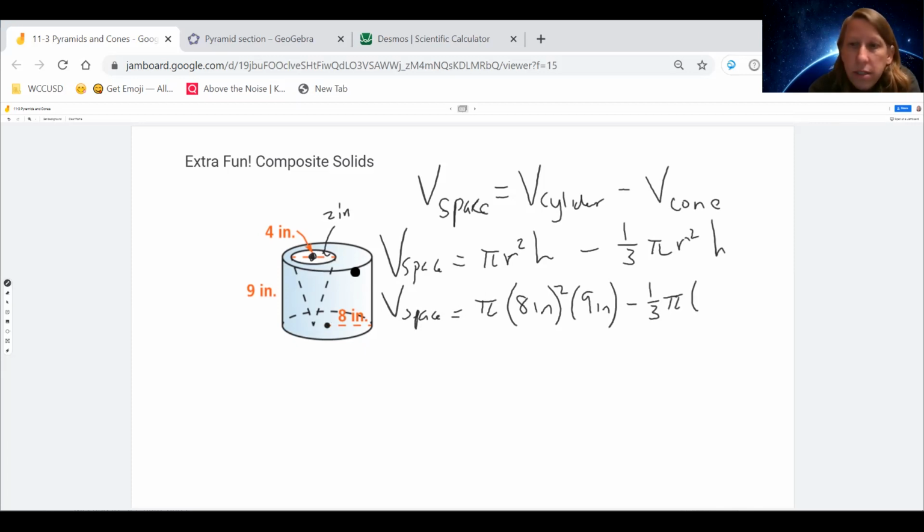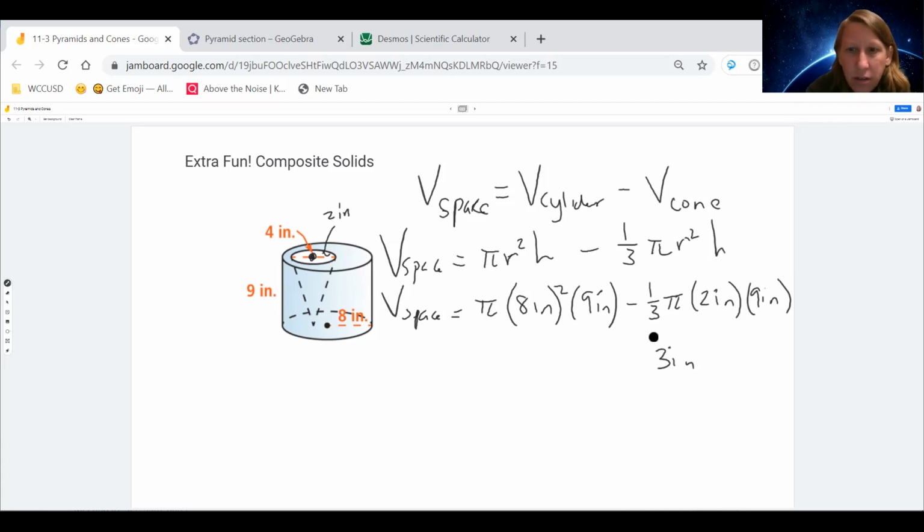R squared for this was the 2 inches squared. And the height of the cone is also 9 inches. Cool. Look, see, they put 9 in there for us. What's 1/3 of 9? That's 3 inches.